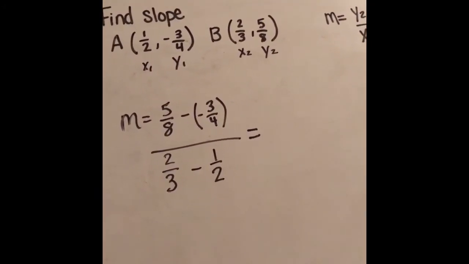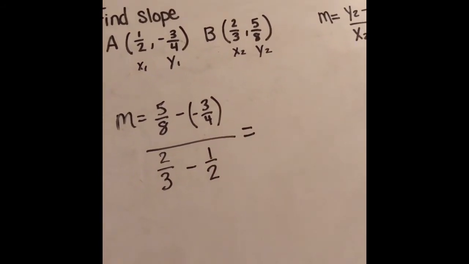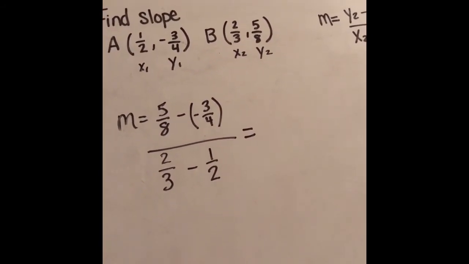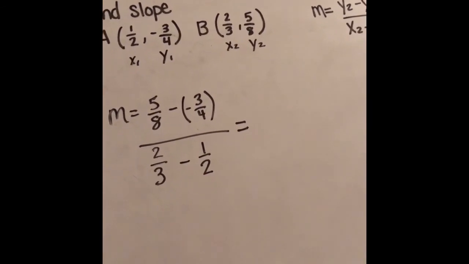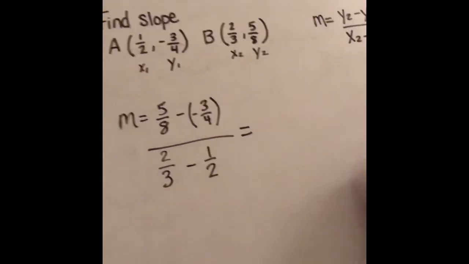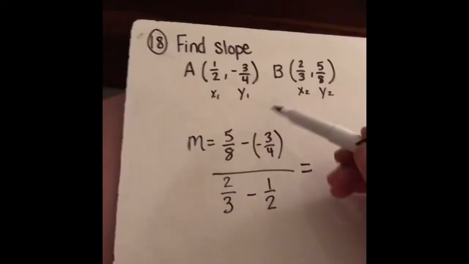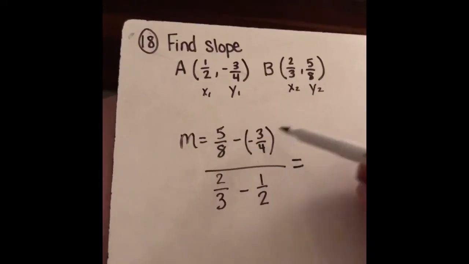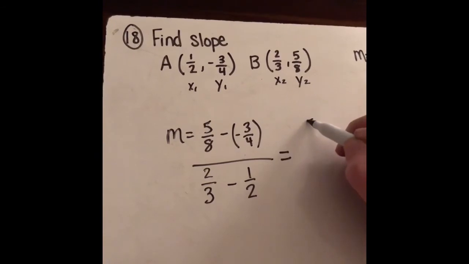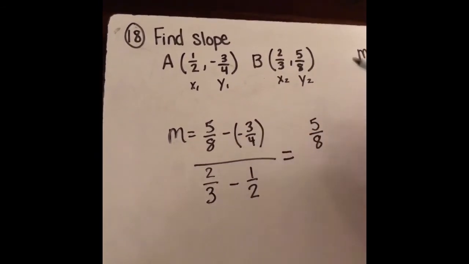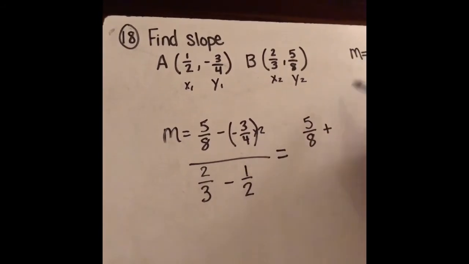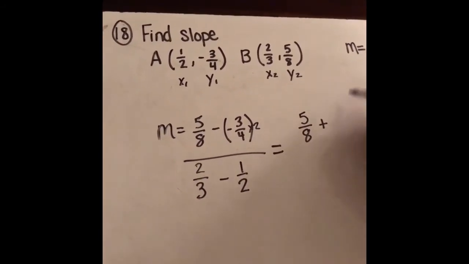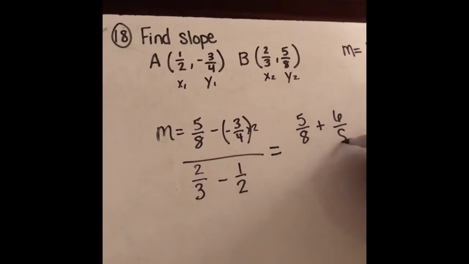I am going to pull my calculator out to make it easier for both of us. And of course that calculator doesn't have fractions on it. That's amazing. So we'll do it the old-fashioned way. Here this is actually going to be 5/8 plus, and then I need to multiply both of these by 2 to get my denominator to be 8, so that'll be 6/8.